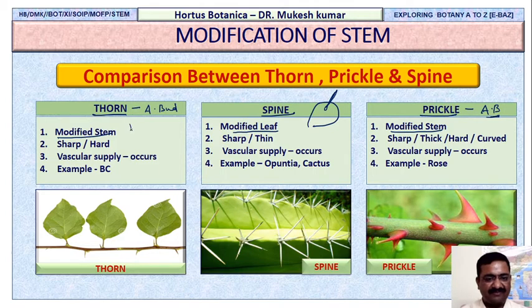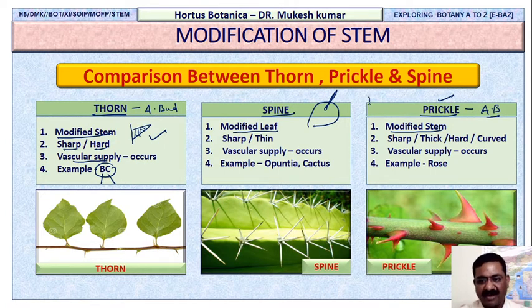You will see this is the thorn, which is a hard, stout, pointed structure, erect, so sharp and hard. It gets vascular supply also, as in bougainvillea and citrus. Now, second, prickle. What is the difference between thorn and prickle? It is a very common question.